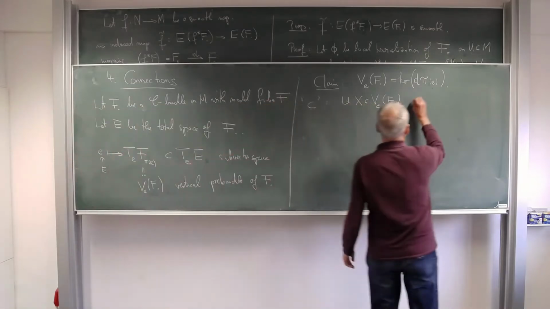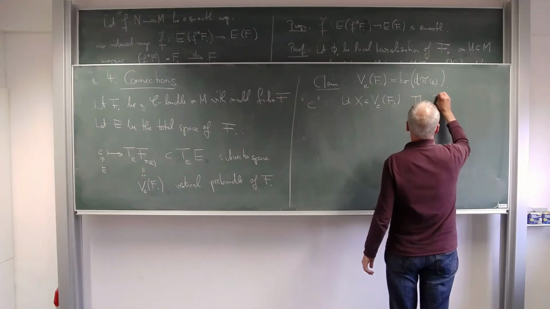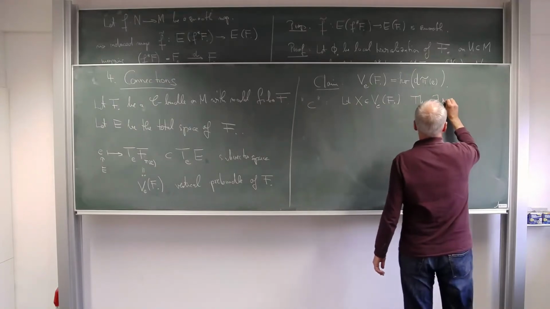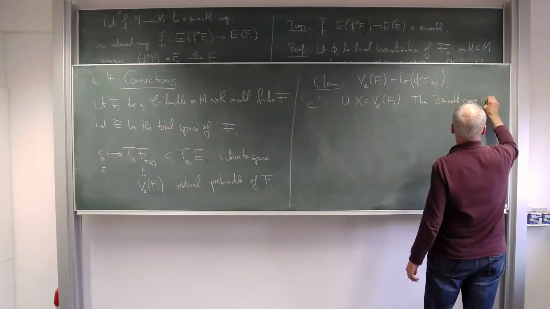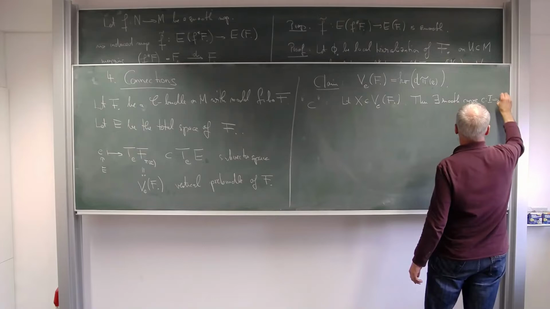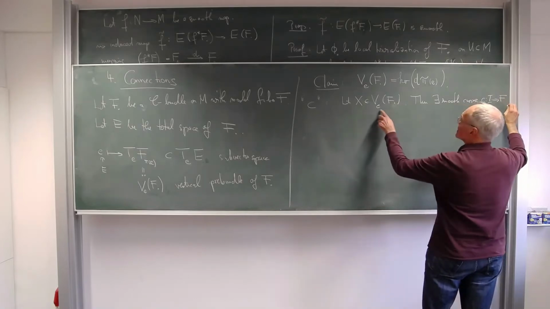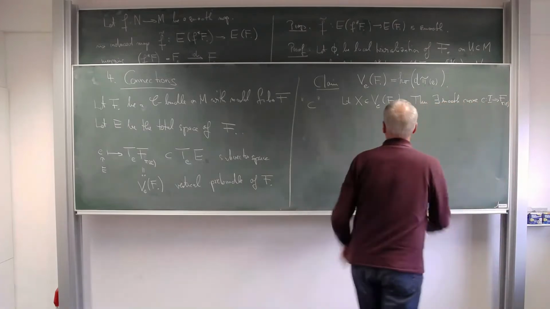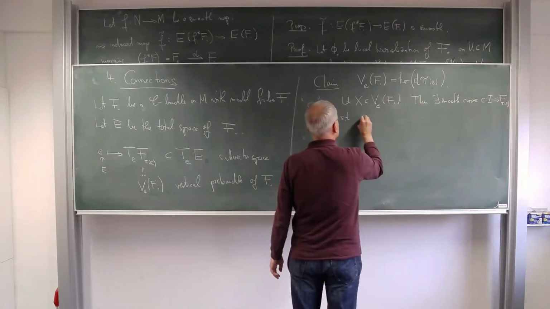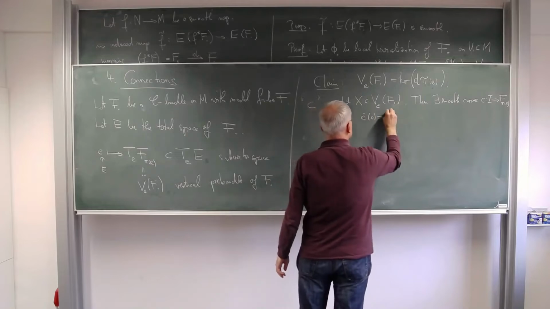Then there exists a smooth curve c, defined on some interval, going into the fiber over the base point of e, such that c dot 0 is equal to x.